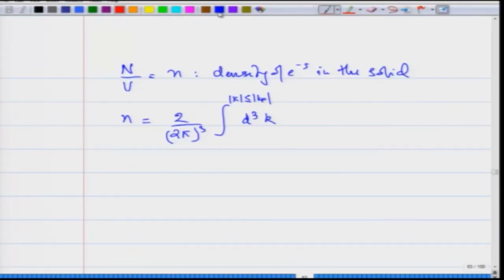And the way to think about it is that in the momentum space, with axes kx, ky and kz, we are going to consider a sphere.